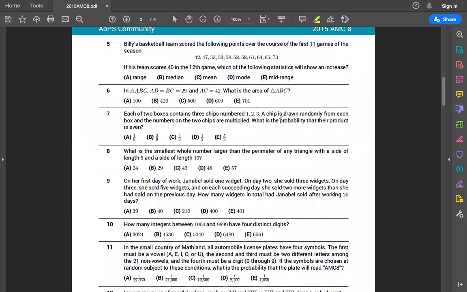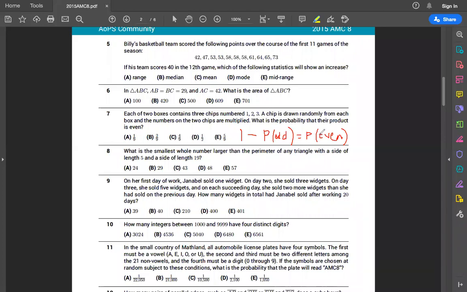So we can first calculate the probability that the product will be odd, and then subtract that from 1. So 1 minus the probability of an odd product will be equal to the probability of an even product.